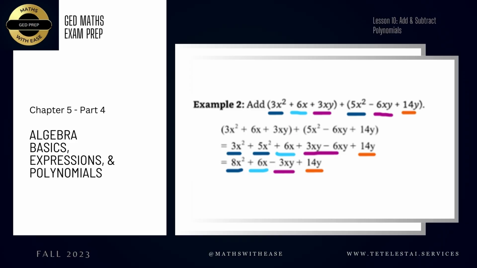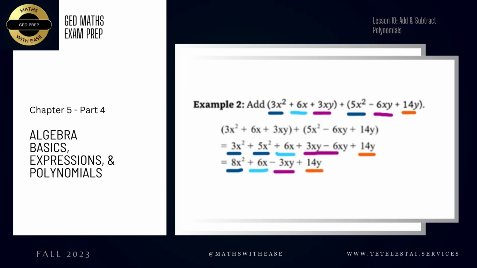We don't see any other term that just has x, so we write down 6x. Then we move on to our next set of like terms. We have 3xy and a negative 6xy, and we know that 3 minus 6 is negative 3.